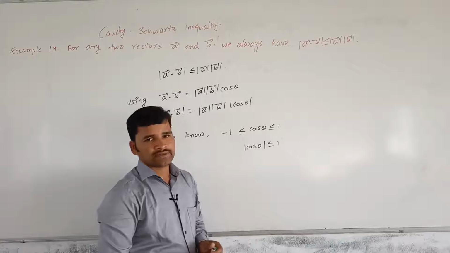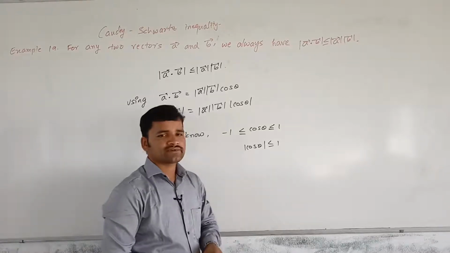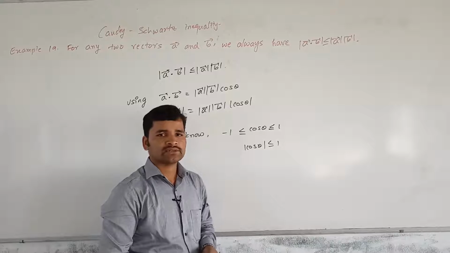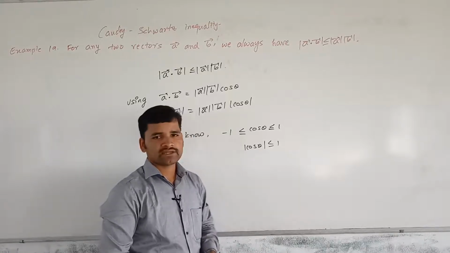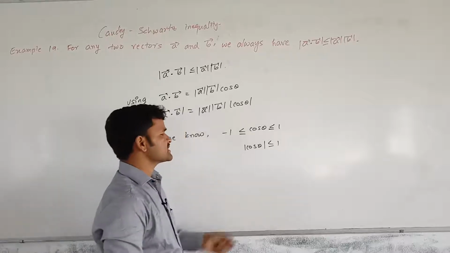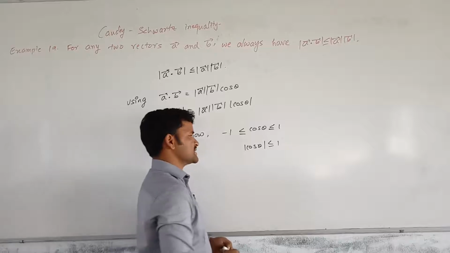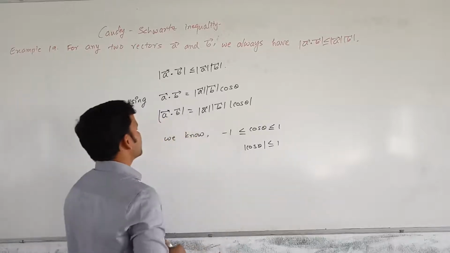What is the other inequality we have for modulus of cos theta? We can write modulus of cos theta is greater than or equal to 0 and less than or equal to 1. Both things I can write. Yes, we have this inequality. Modulus of cos theta is less than or equal to 1.